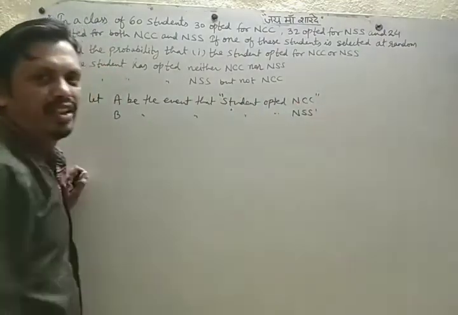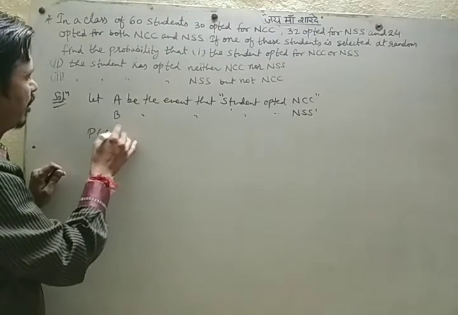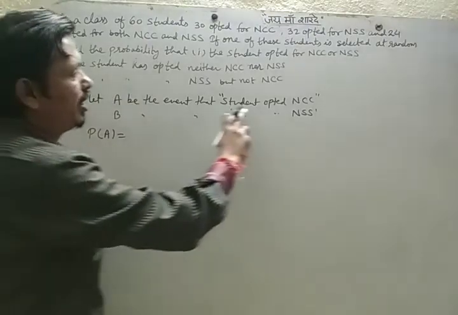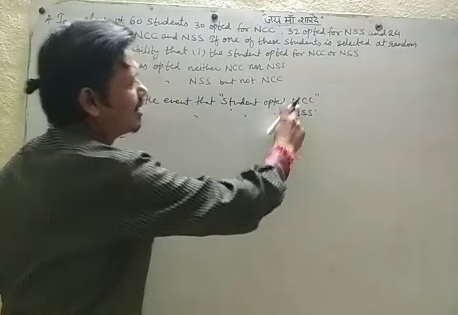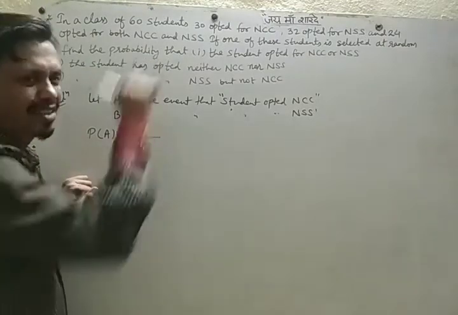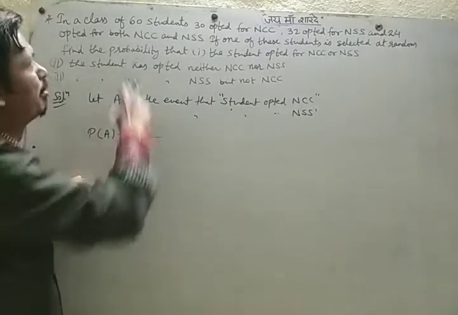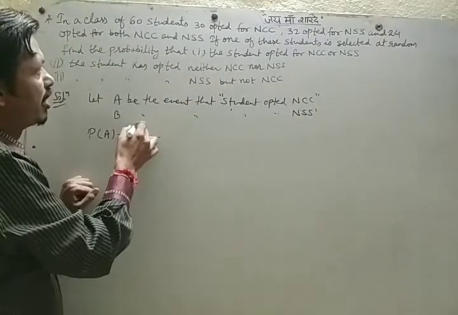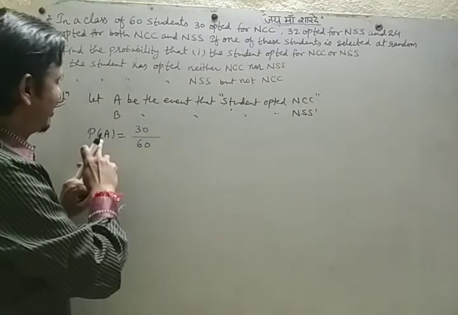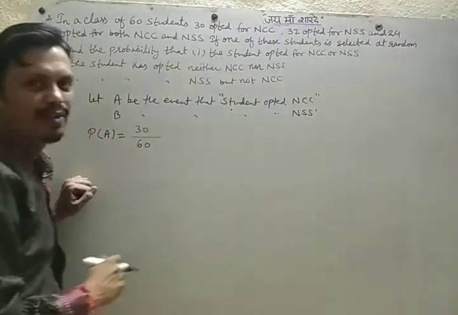Now according to the conditions, what do we have? P of A, that is, if we choose one student randomly, then he or she opted NCC. What is the chance? The number of students who opted NCC is 30, and total outcomes, meaning total students, is 60. So 30 by 60 is the probability of getting a student who opted NCC.